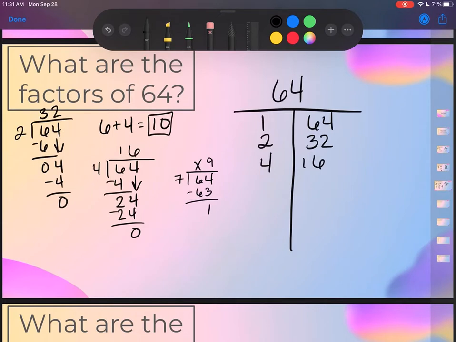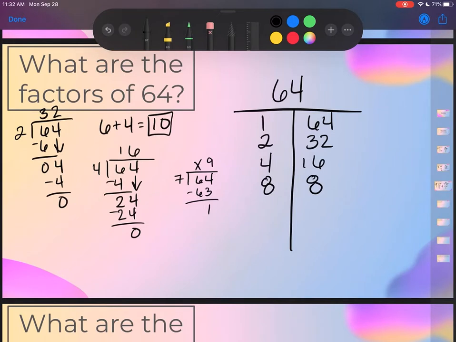Let's think about 8. If I skip count by 8, that's going to be 8, 16, 24, 32, 40, 48, 56, 64, right? If I were to look at a multiplication chart, I could see that 8 times 8 is 64. If you notice, I had 8 on both sides. So anytime you end up with a number that's times itself on your T-chart, that's how you know you're going to stop, right?